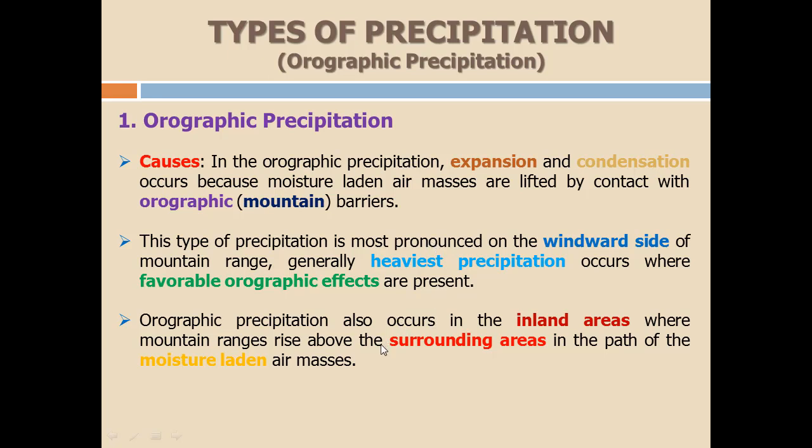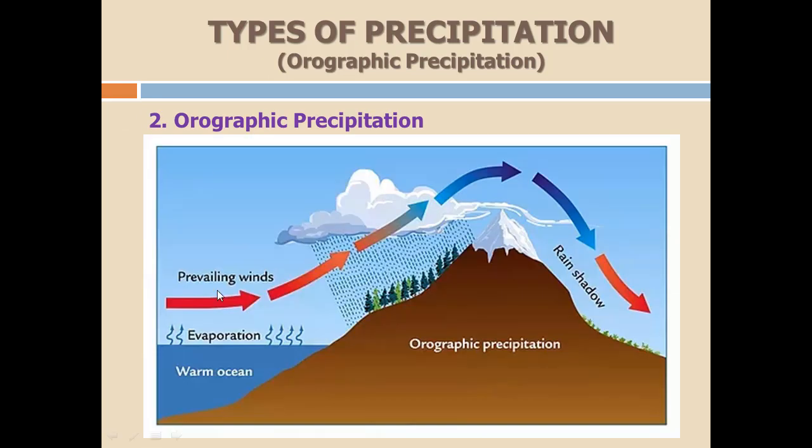You can see in this picture, this is, let's suppose, an ocean or any water body. From this ocean, evaporation occurs and the vapor rises upward, and since the wind direction is this one, due to this prevailing wind the vapors will go to this side.